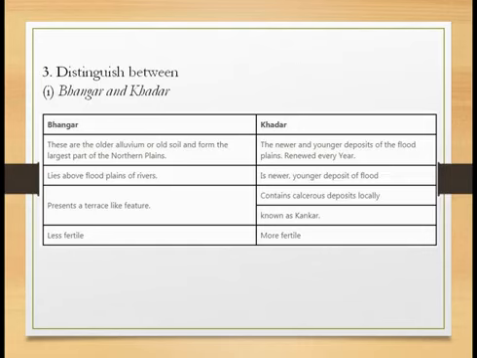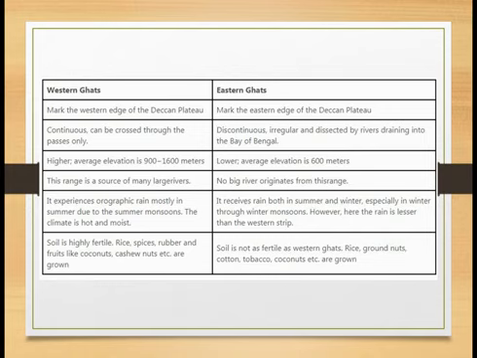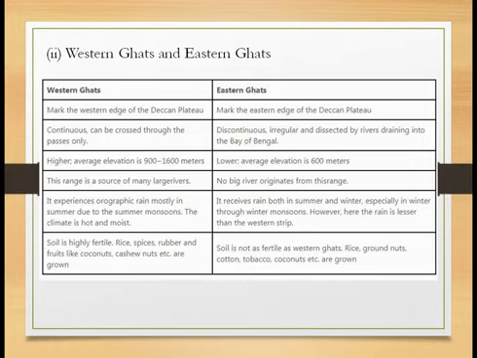Now we will see the differences between the Western Ghat and the Eastern Ghat. Distinguish between Western Ghat and Eastern Ghat. Please see it. This is only the reference answer. In my regular class, I explained this particular point deeply to you. Please go for that revision point also and see it.